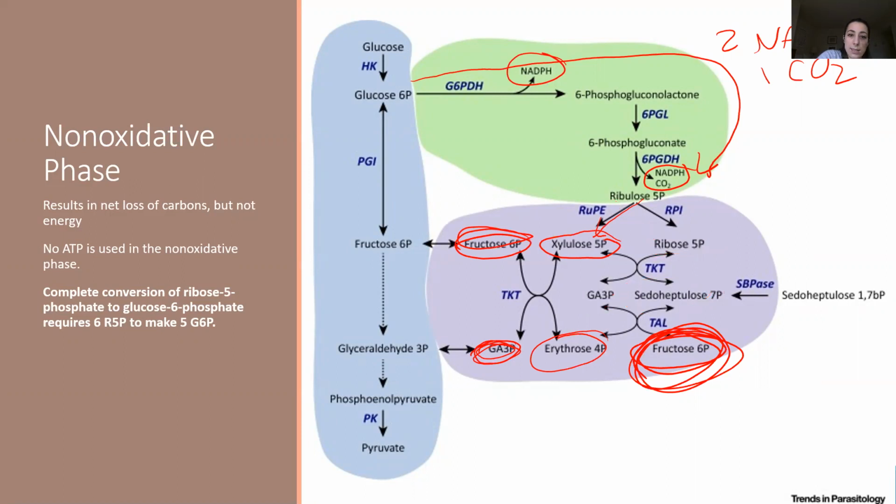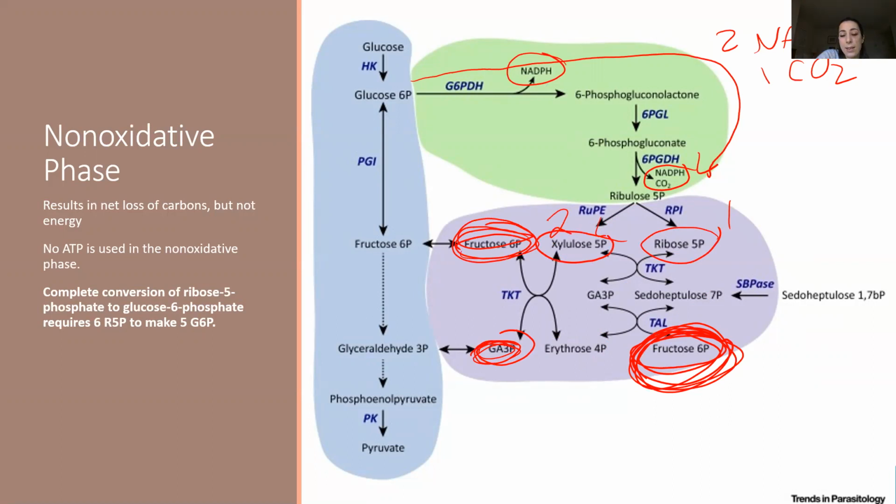But the way that it does this is by utilizing 1 more xylulose 5-phosphate. So in total, we had to use 2 xylose 5-phosphates and 1 ribose 5-phosphate to end up producing a fructose 6-phosphate, a glyceraldehyde 3-phosphate, and another fructose 6-phosphate.